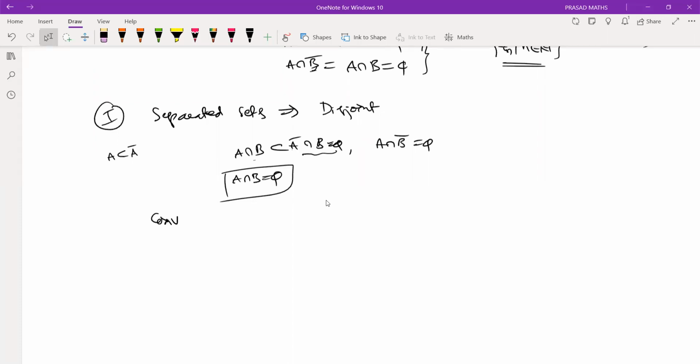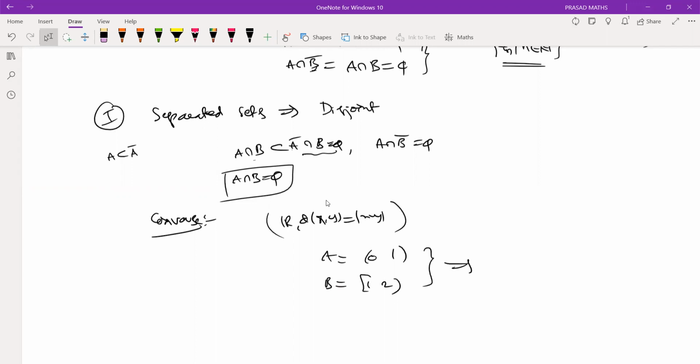What about the converse? The converse may not be true. For example, take R with respect to the usual metric. Suppose you take A equals open (0, 1) and B equals [1, 2). Are they disjoint?